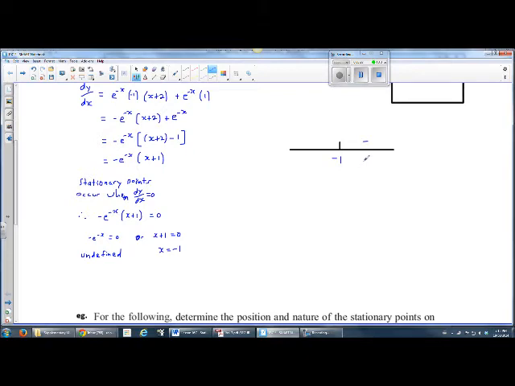That means the function is decreasing, because this is the rate of change, or the gradient of the function at that interval. Therefore, the function has to be decreasing there.